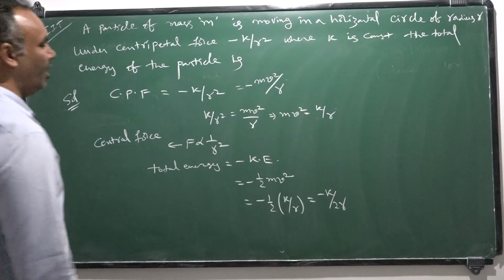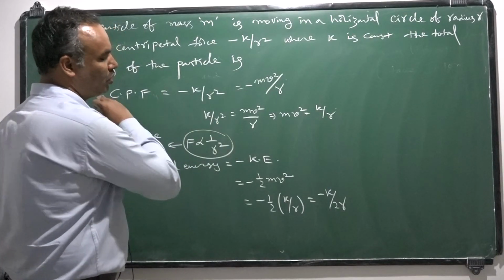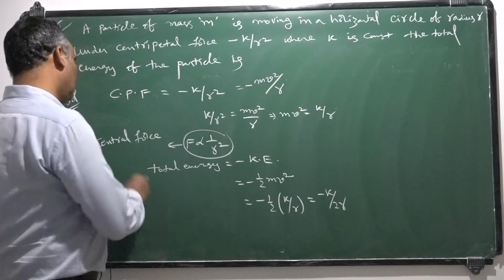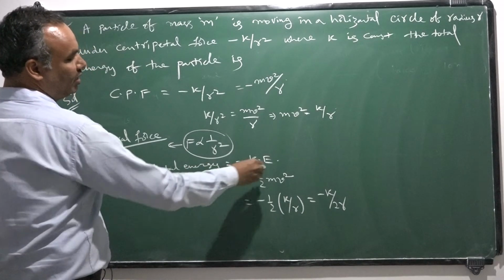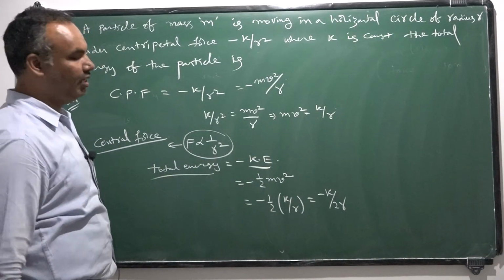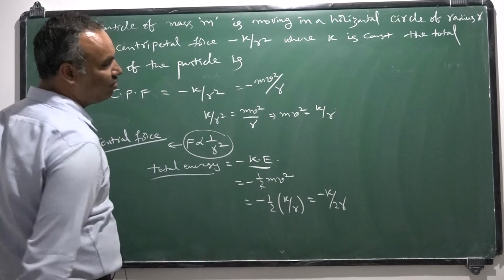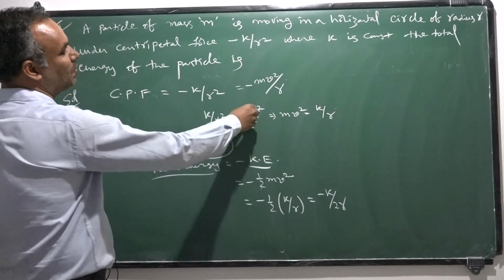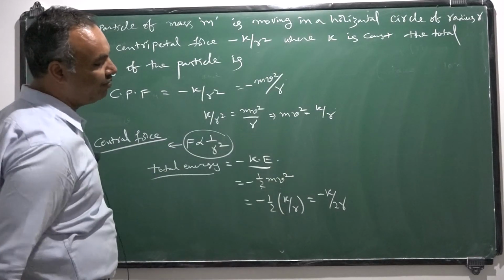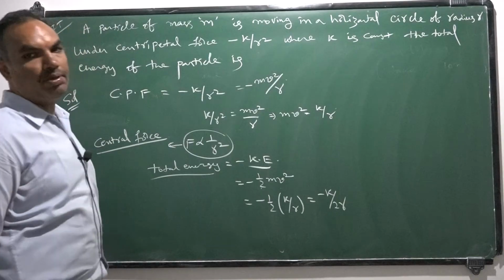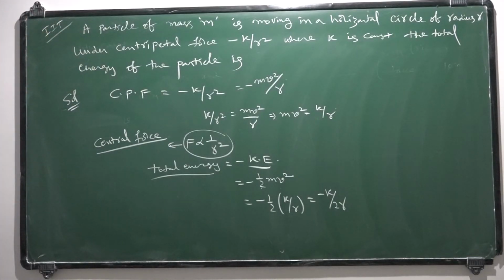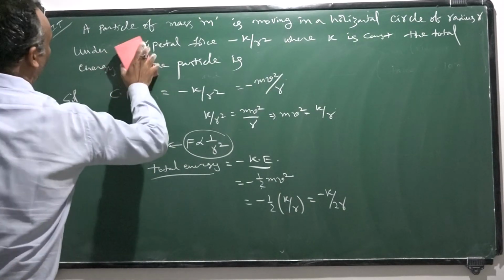Here you should understand, whenever force is inversely proportional to square of the distance, that force is central force. For central force, the total energy is negative of kinetic energy. Kinetic energy is half mv square. From the given expression, I identified mv square as K by R. On substituting K by R here, minus K by 2R is the total energy of the particle as per the given question.